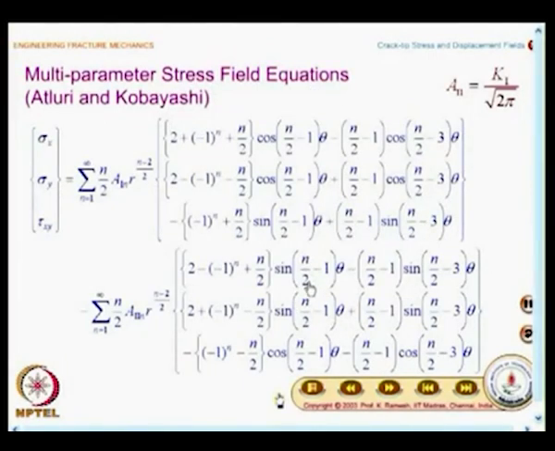That argument is valid. We had looked at modification of Westergaard equations by Tada, Paris and Irwin. They also got a series solution, but that series solution had only one stress function, capital Z, which was inadequate. This was pointed out by Sanford.